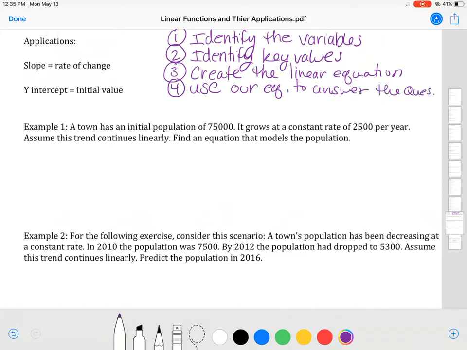And then, of course, in step 5, if we used our equation to answer a question, we want to check to make sure our answer makes sense with the rest of the problem. We also want to make sure that we have our units labeled.